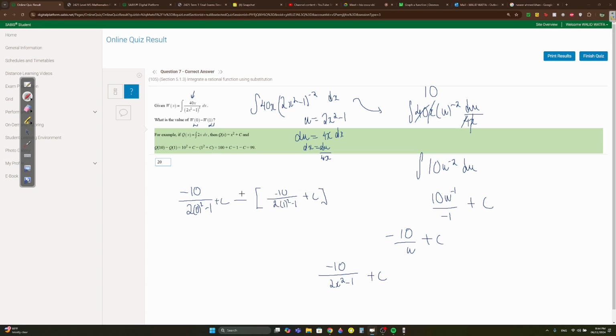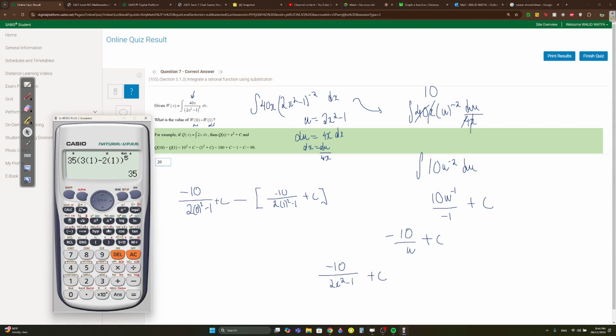And then when subtracting, you don't have to show that the c's cancel. Just write it like this, that's enough. Let's put this in our calculator. Minus 10 over 2 times 0 is 0, minus 1. And then minus the fraction minus 10 over 2 minus 1, because 2 times 1 is 2, minus 1. Okay, you get 20.